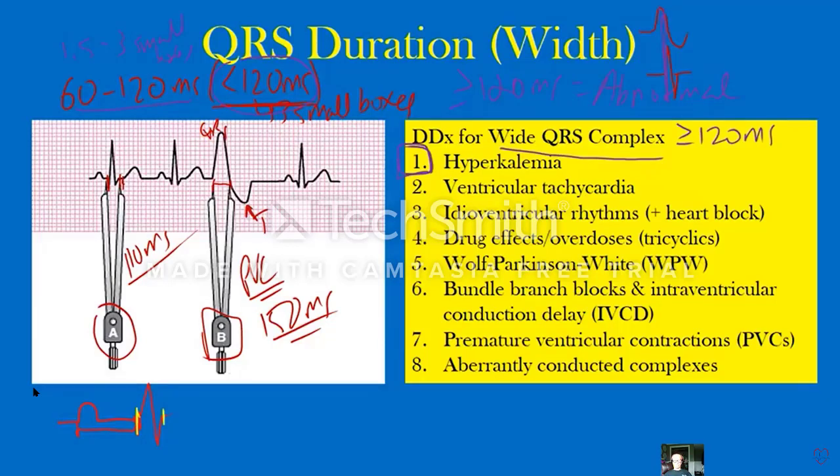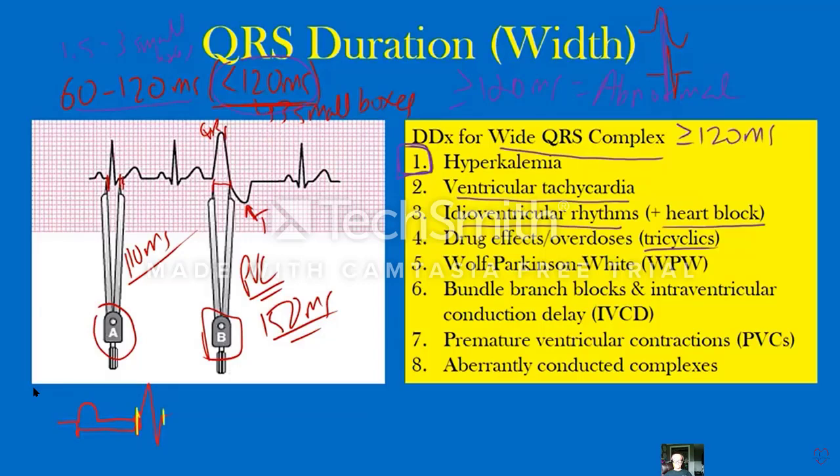Another one is VTAC, or ventricular tachycardia. We can also see wide QRS complexes with idioventricular rhythms, including heart blocks, right? Also drug effects and overdoses, especially tricyclics, can cause it. WPW syndrome, which is Wolff-Parkinson-White syndrome, can cause wide QRS complexes. Remember, the delta wave can make the width of the QRS appear wider.